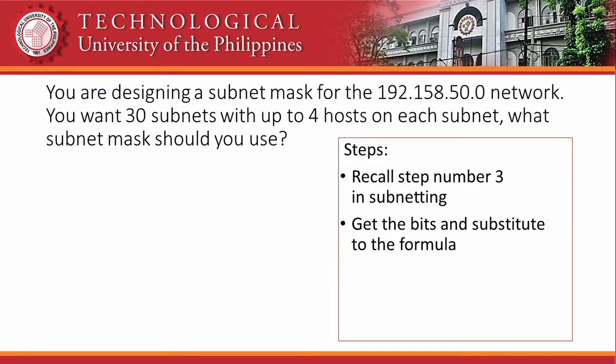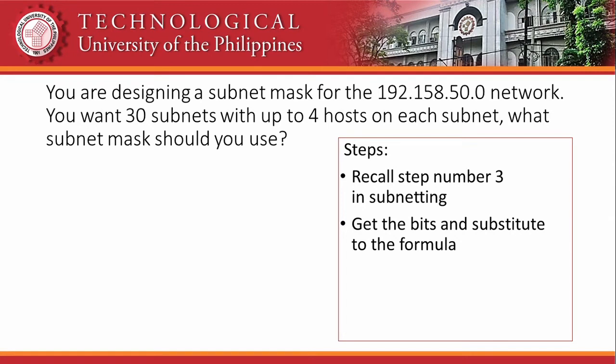You are designing a subnet mask for the 192.158.50.0 network. You want 30 subnets with up to 4 hosts on each subnet. What subnet mask should we use? Sa problem na to, binigyan tayo ng number of networks and yung hosts. At pinapahanap kung anong new subnet mask ang gagamitin natin. Balikan natin yung step 3 sa subnetting.